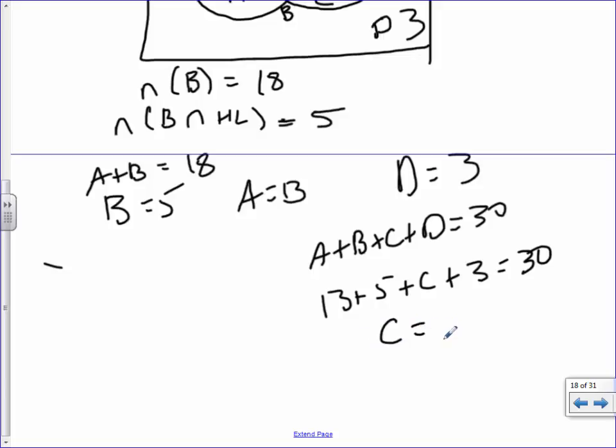How much? Minus 13. Minus 5. How much is C? 7. 13 plus 5 plus C plus 3 equals 30. I got 9 on my calculator.